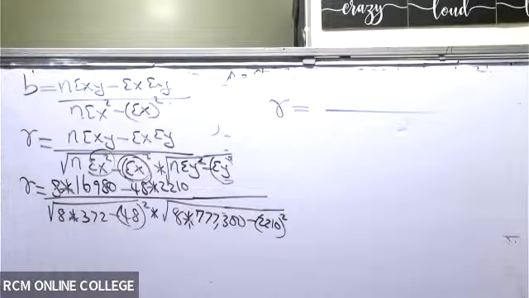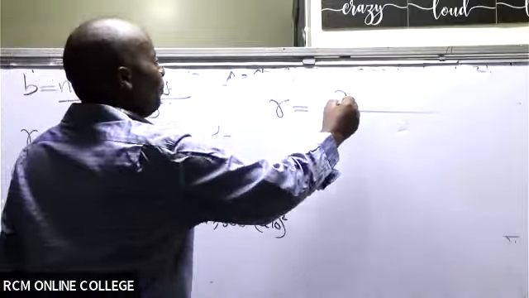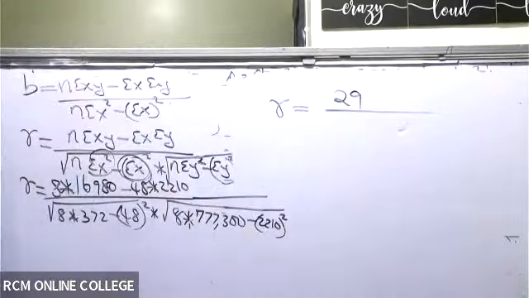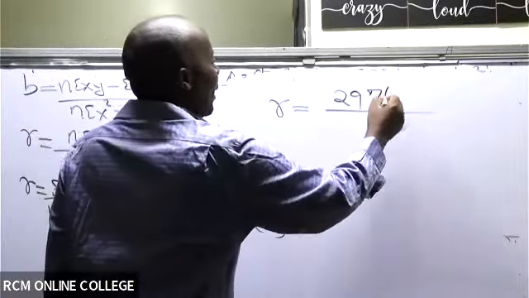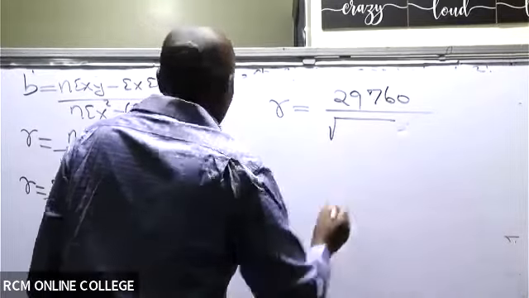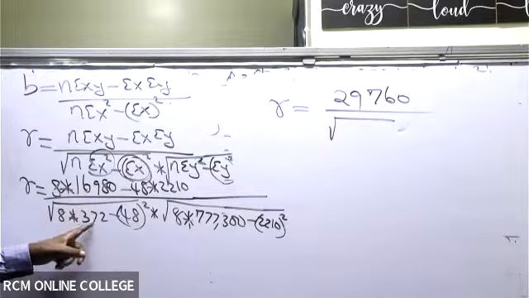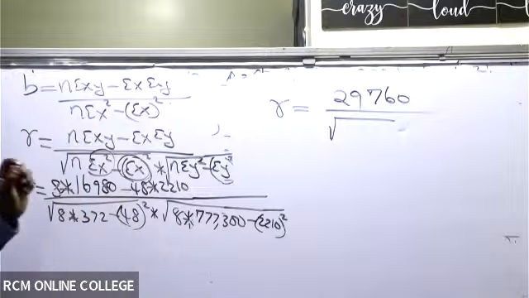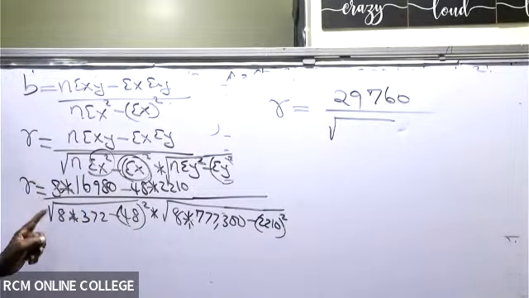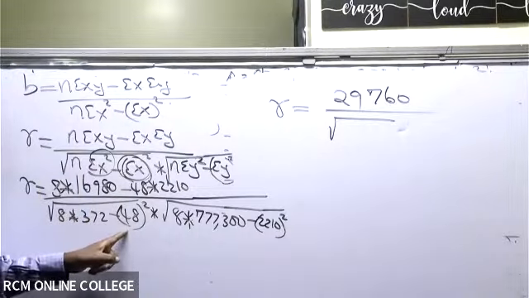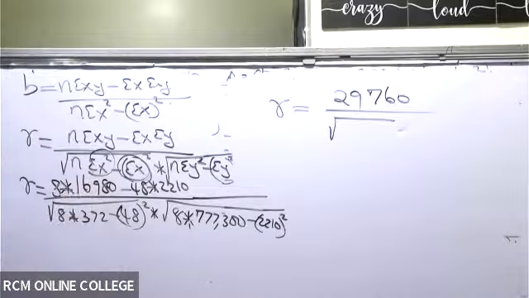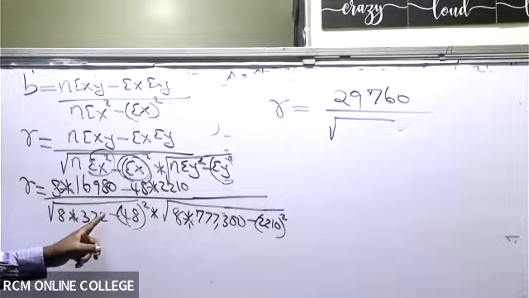So they have confirmed that the numerator is 29,760. 29,760 divided by, is there somebody who is able to give me what we have under the square root? 8 times 372 minus 48 squared.